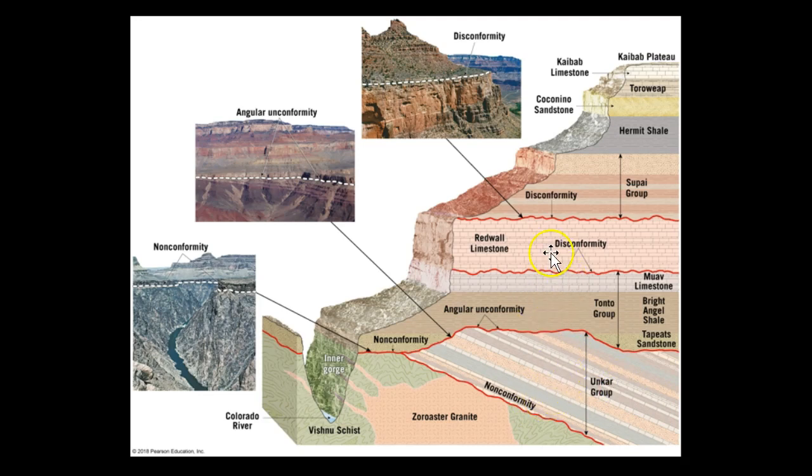And then you see two different disconformities right here. One between the Moab limestone and the Redwall limestone, and then one in between the Redwall limestone and the Supai group, which is, I think, also a bunch of shales for the most part and kind of mudstones.